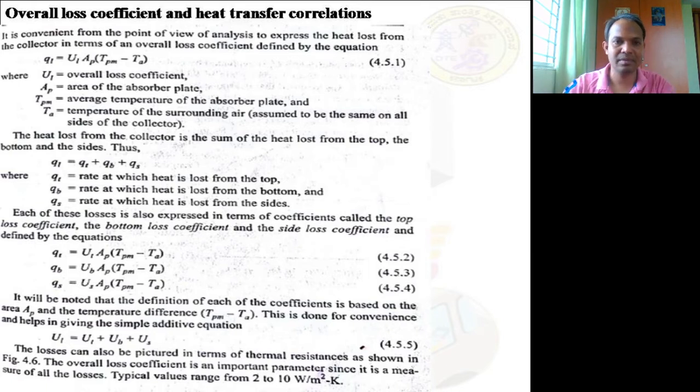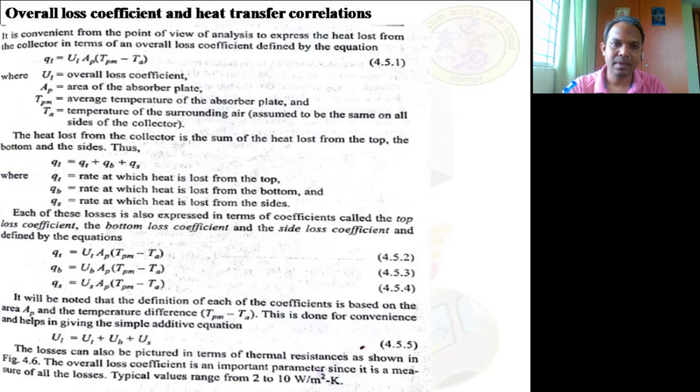So these are the three losses that we are discussing here, from the top, the bottom and the sides. Thus Q total, which you can take as capital QT, the total heat loss or rate of heat transfer, is given by the rate of heat transfer at the top surface, at the bottom surface, and from the sides, that is Qt plus Qb plus Qs.